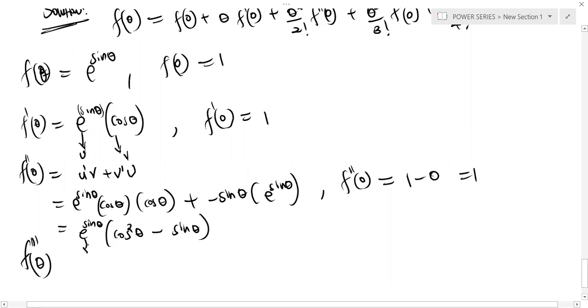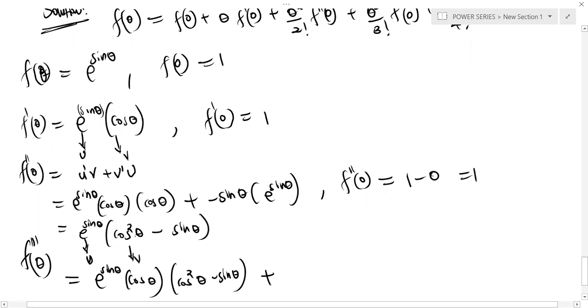So to differentiate this, let this be u and let this be v, so that we use the product rule. So u prime v, so u prime, if we differentiate this, we will get exponential sine theta cos theta multiplied by v, which is cos squared theta minus sine theta, plus v prime.